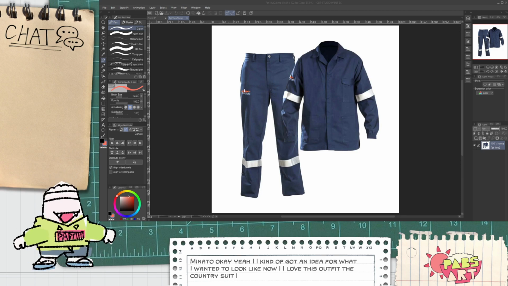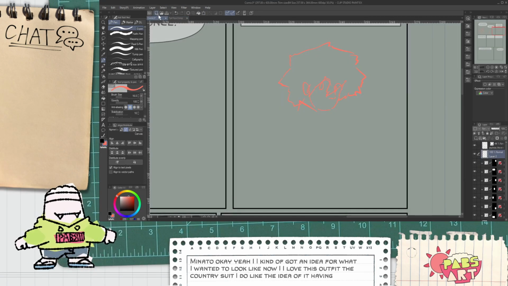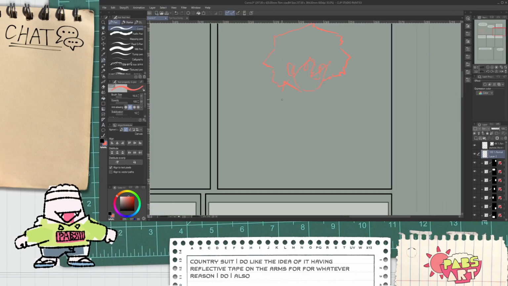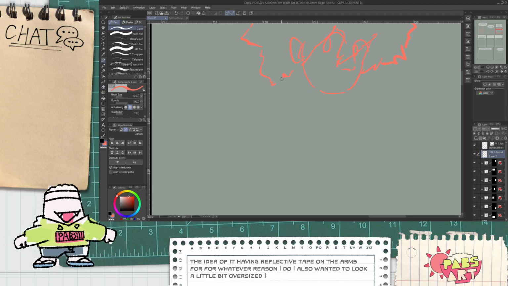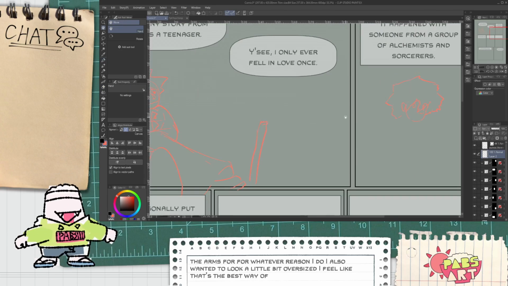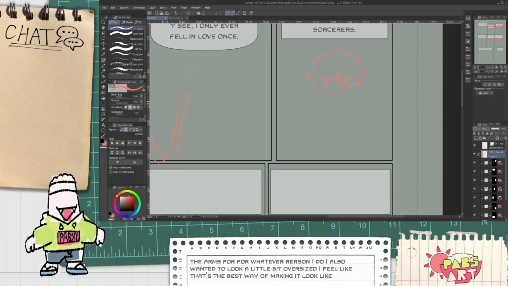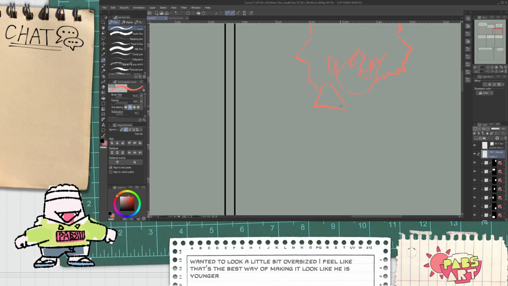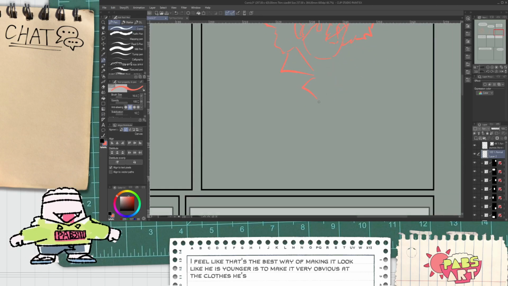I do like the idea of it having reflective tape on the arms for whatever reason. I also want it to look a little bit oversized. I feel like that's the best way of making it look like he is younger, to make it very obvious that the clothes he's wearing just do not quite fit yet.